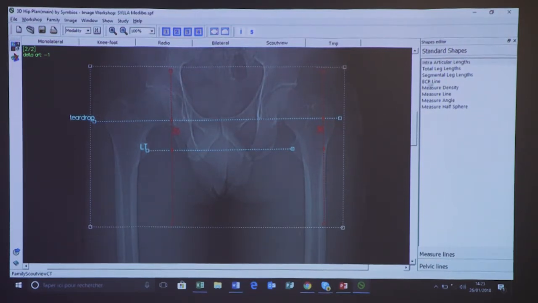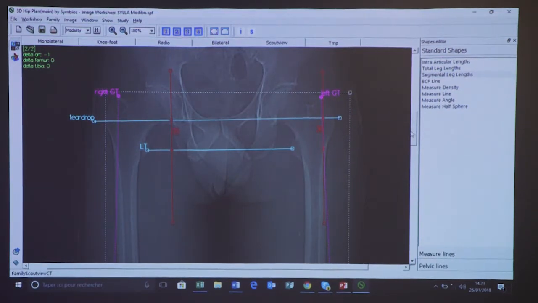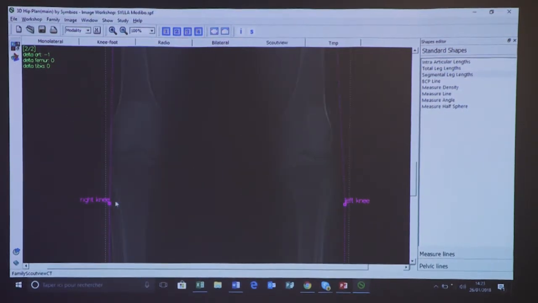And when we analyze the segmental length, here, the top of the greater trochanter, even the knee is in varus. Everything is in varus in this guy.